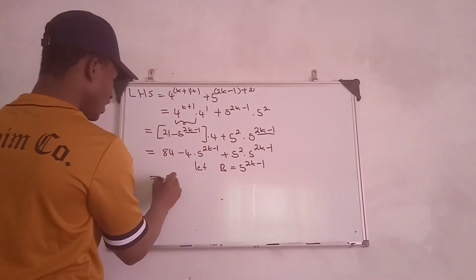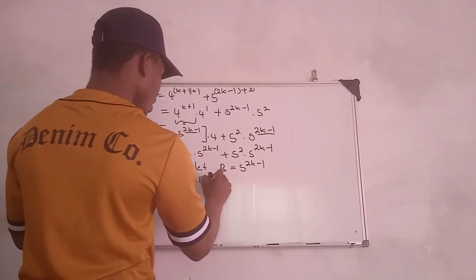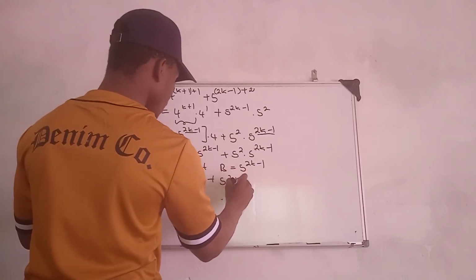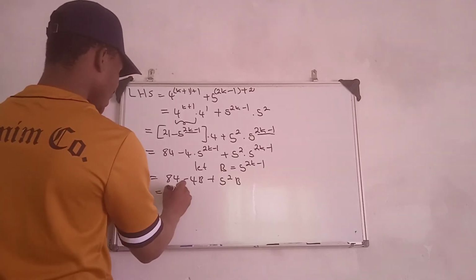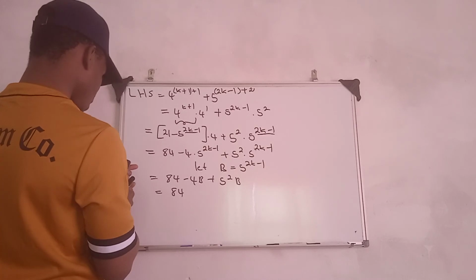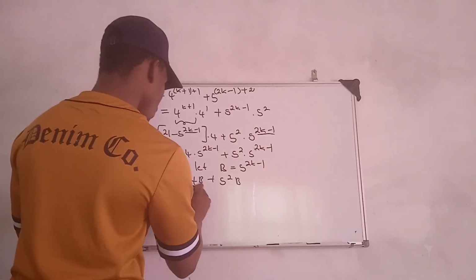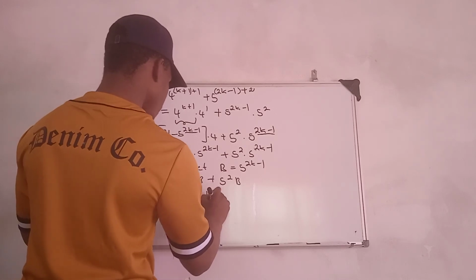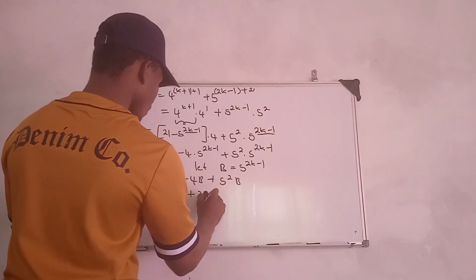So it will be 84 minus 4b plus 5 squared b. When I combine them, minus 4 plus 25 is 21b.